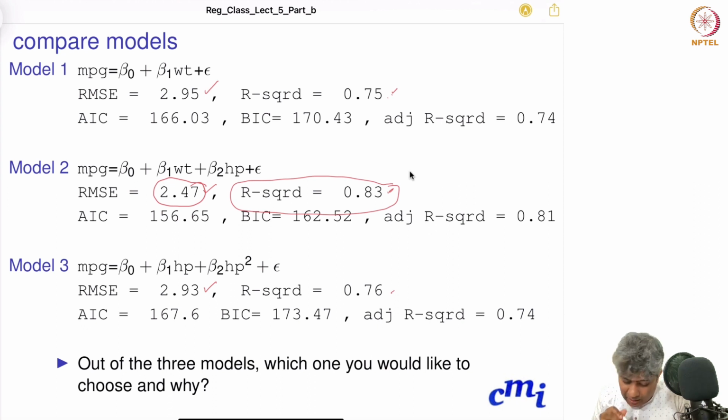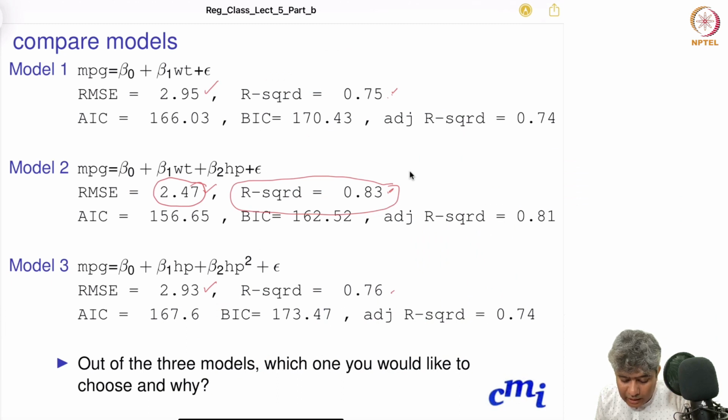Now let us look into AIC. The lower the AIC, the better the model. The first model has an AIC value of 166.03, the second has 156.65, and the third is 167.6. So we would prefer the second model again.